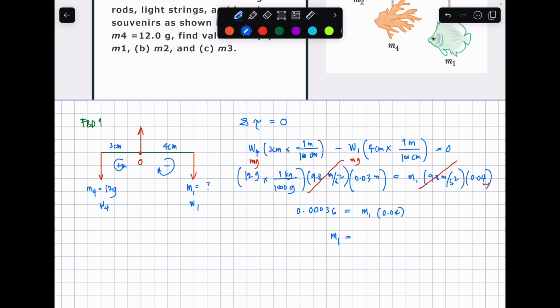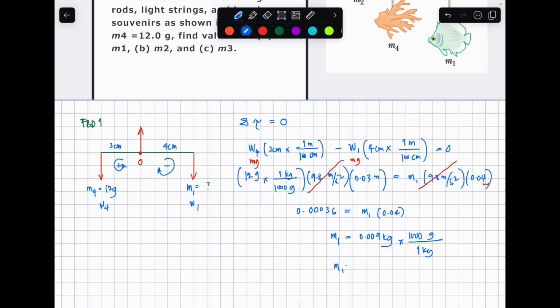So the mass then will be 0.0036 divided by 0.04, which makes it 0.009, in kilograms. And 1 kilogram is 1,000 grams.